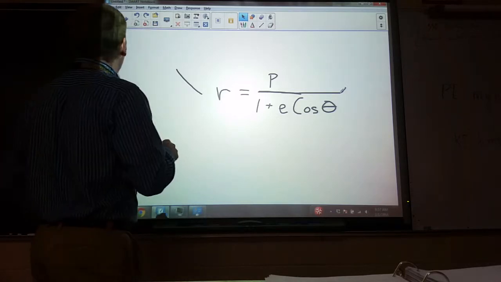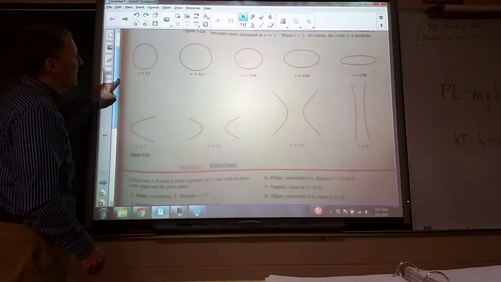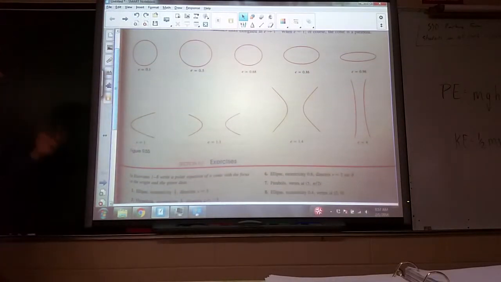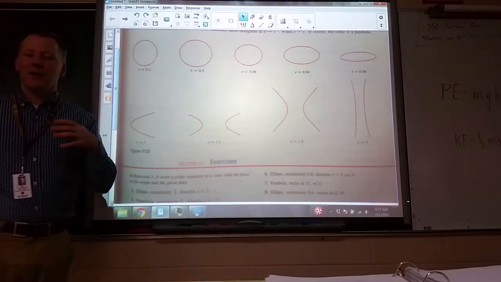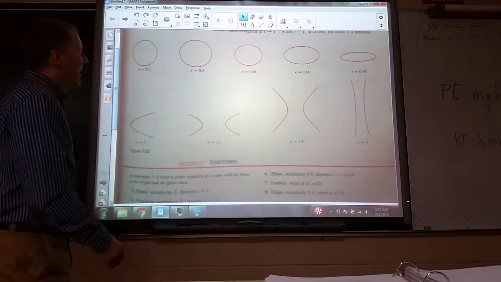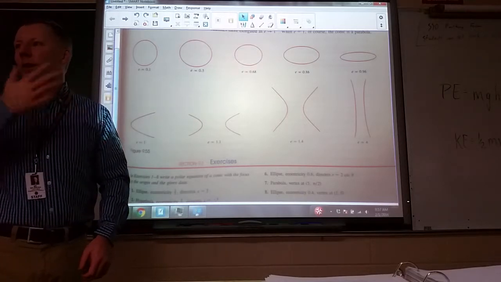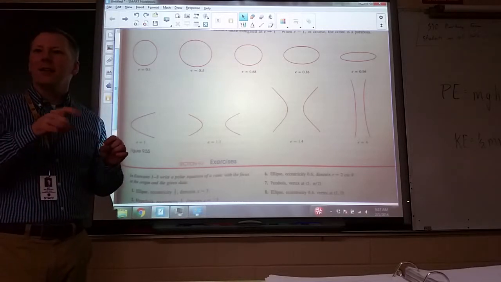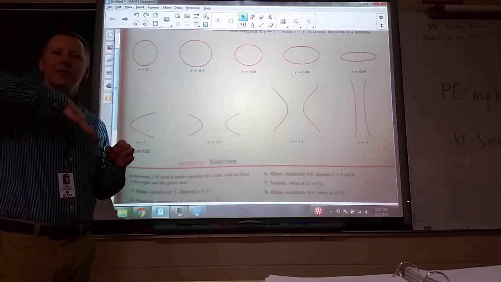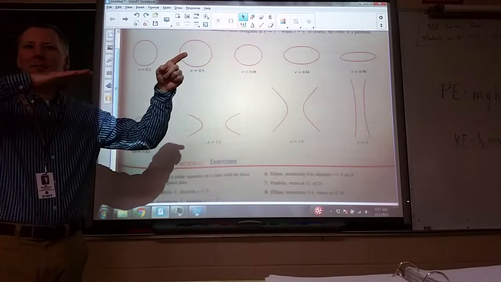So what that means, going back here to this page, whenever you've got a conic section, you can measure the eccentricity of it. We're not going to go into that. The formula that you gave me measures that. It's in polar coordinates, which instead of x and y tells us what angle and how far out. So theta and r.